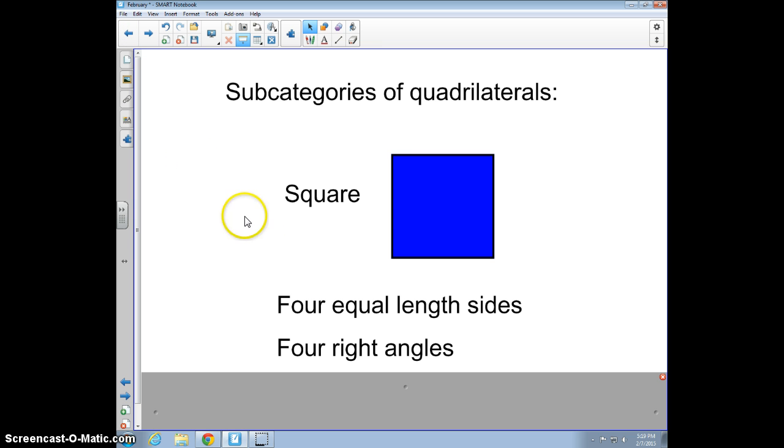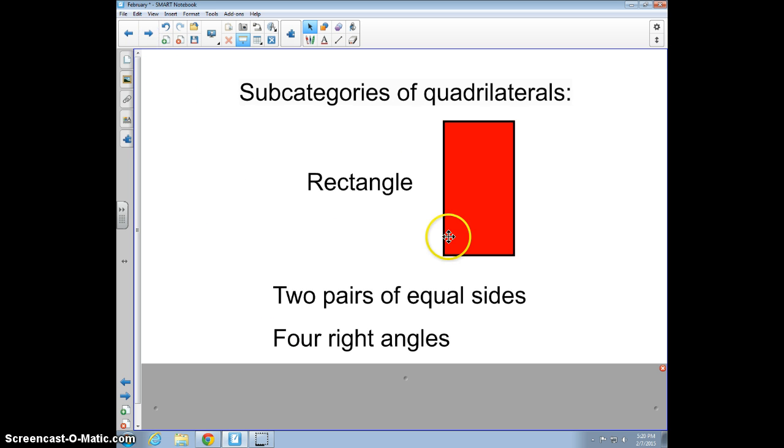And if we look back here at the square, it has 4 equal length sides to be a square, but I want you to think about this. These 2 sides, this pair of sides, are equal length, and this pair of sides is of equal length. So that would tell you that a square is a square because it has 4 equal length sides and 4 right angles, but a square is also a type of rectangle because a square has 2 pairs of equal sides, just like the attributes of a rectangle, and it has 4 right angles.